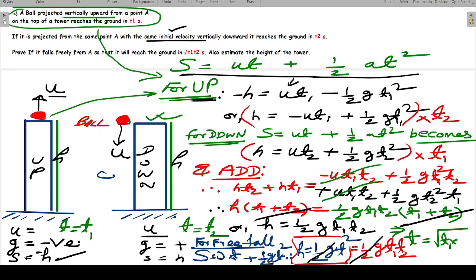This is the derivation which we were requiring, and we are just solving the above equations to derive this. So this is the time taken by the ball when it's dropped freely, when T1 and T2 are the respective times for the ball thrown upward and thrown downward with velocity u, right?